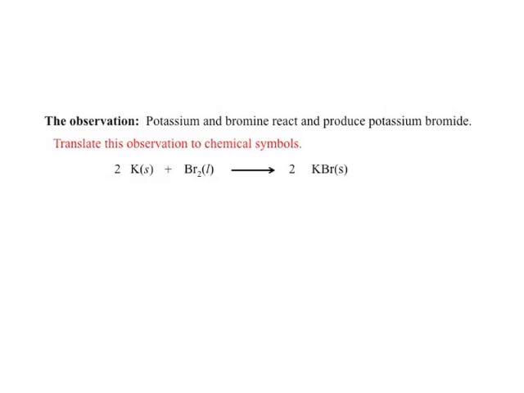Remember, I asked you to know 7 elements that occur as diatomic molecules. Hydrogen is H2. Nitrogen is always N2. Oxygen gas, O2. Fluorine gas, F2.